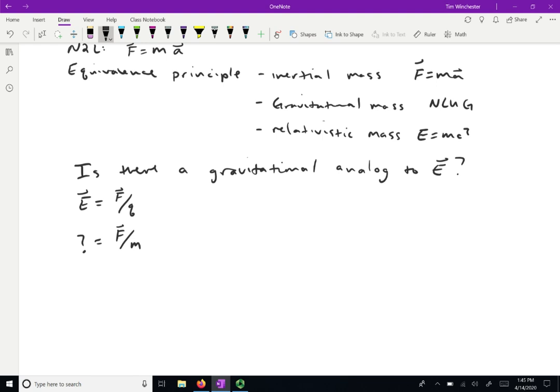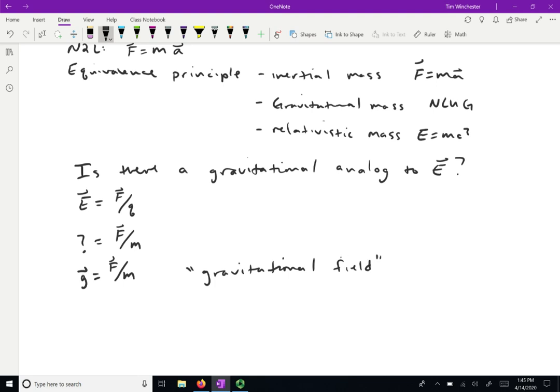That's just g. That's the acceleration due to gravity. But notice that we have a vector on the right-hand side. So now we have g vector, which is just the gravitational force divided by the mass. Okay, and we call this the gravitational field, in analogy with the electric field.